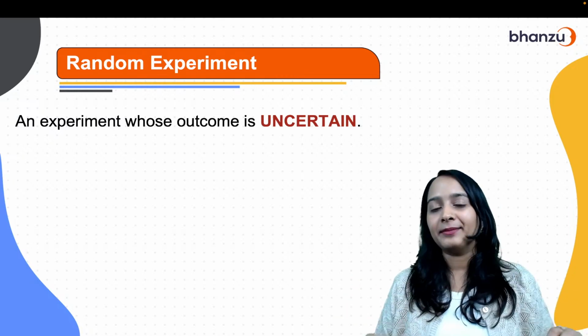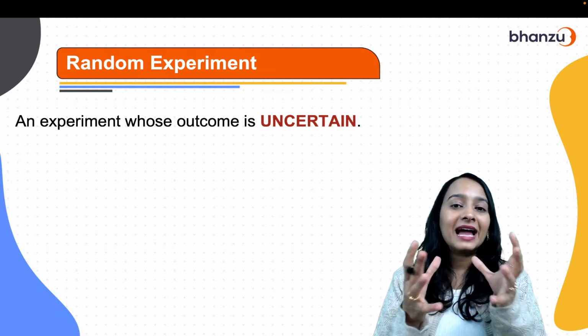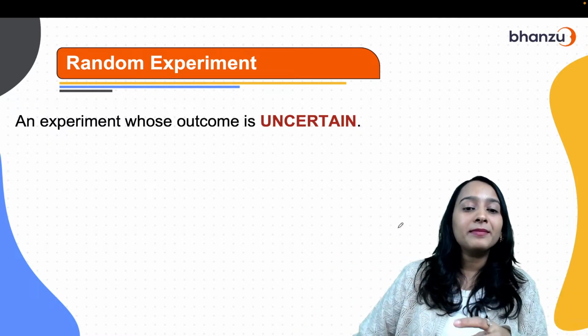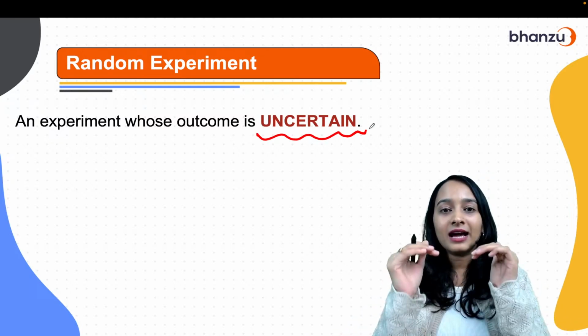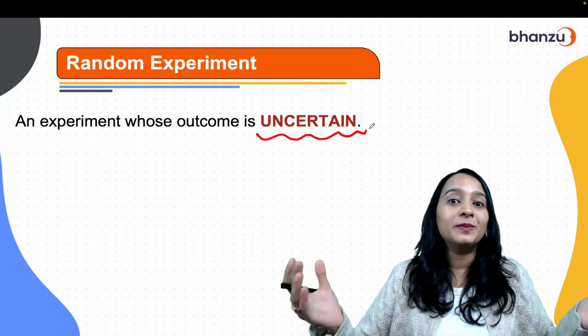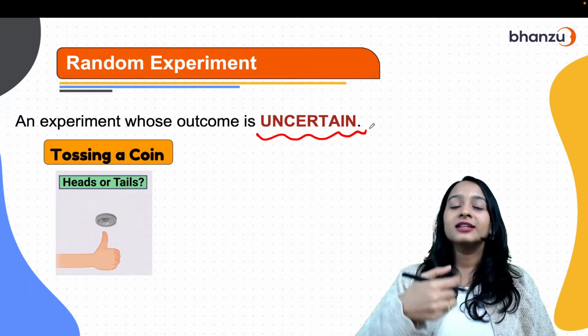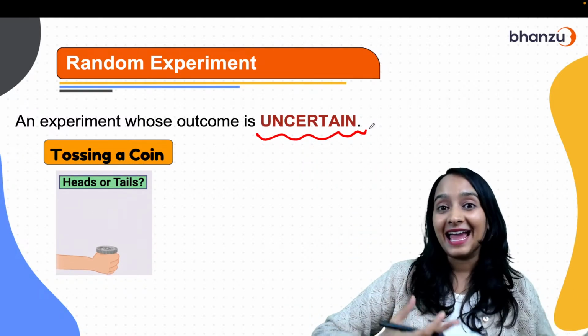What is an experiment? You have done a science experiment in your science labs, right? So what exactly do you mean by a random experiment? An experiment whose outcome is uncertain. You do not know what is going to be the outcome, right? For example, when you toss a coin. When you toss a coin and it is in mid-air, you don't know if it is heads or tails.